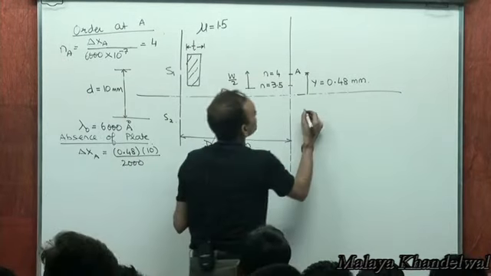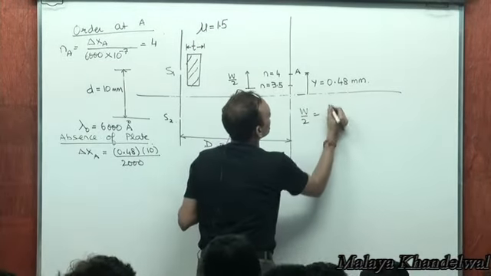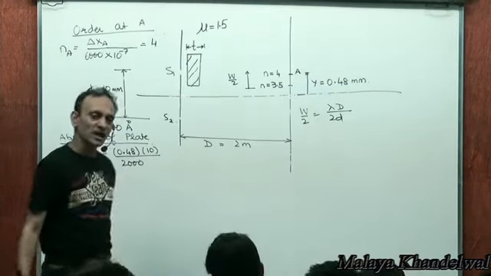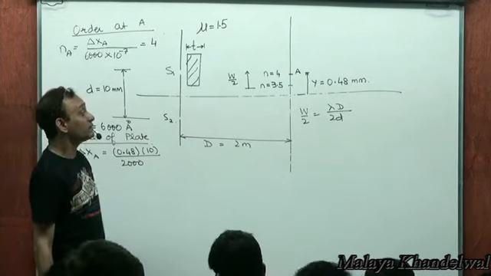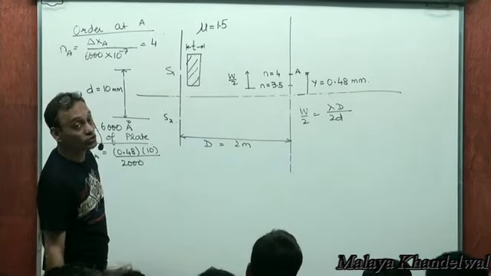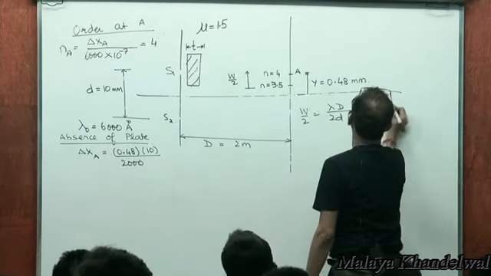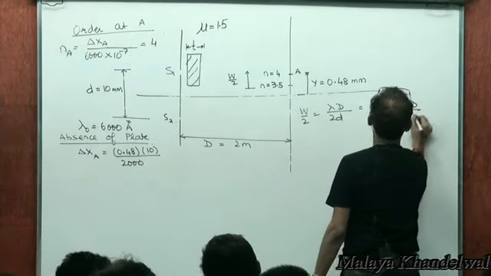Half the fringe width means lambda into capital D by small d. That's half the fringe width. And what is it equal to in terms of the thickness of the glass plate? This must be mu minus 1 into T into capital D by small d.